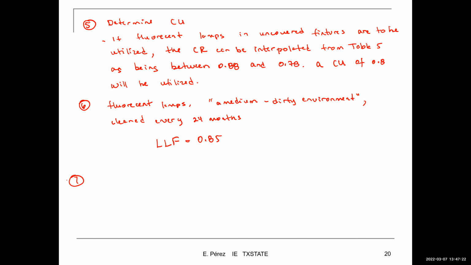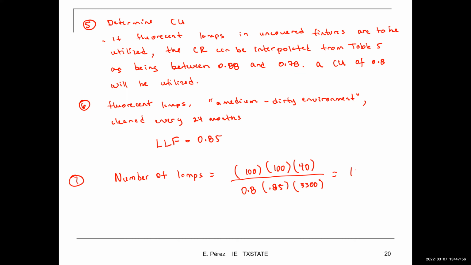So last step, finally, we get to compute the number of lamps and luminaries. Using all this information, the number of lamps will be equal to 100 times 100 times 40, divided by 0.8 times 0.85 times 3,300, and this is equal to 179.